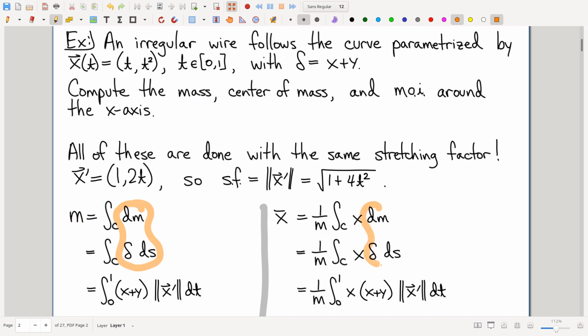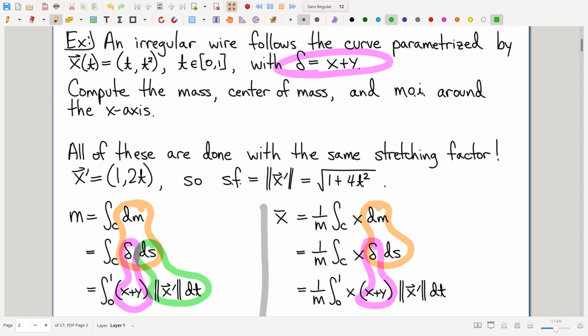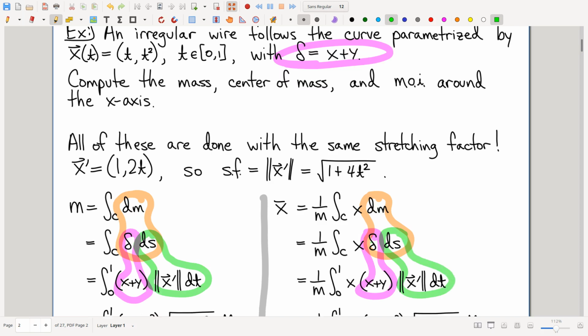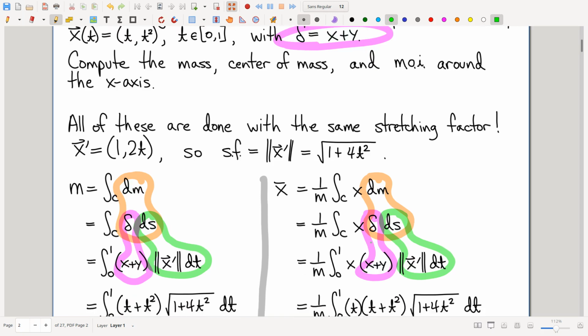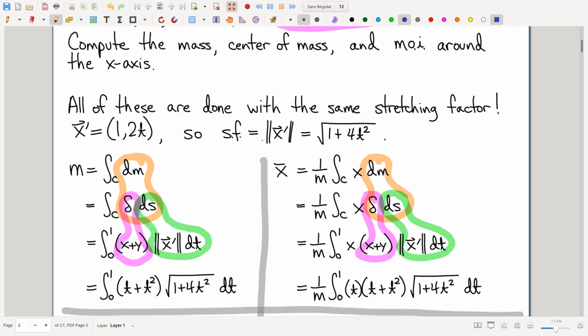Mass is still density times size for both. The density that's given is the same for both. For both, we have distance equals speed times time. And for both, we have already computed the same formula for that speed.